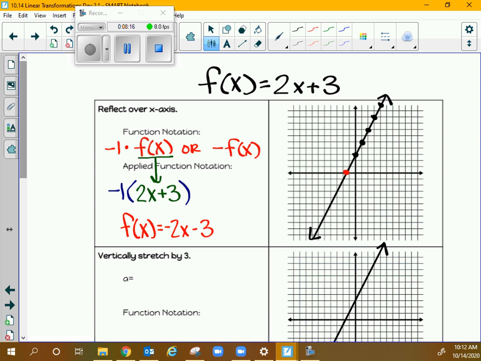Not only did the slope invert, but so did my y-intercept. So when I graph it, it should go through that point that they share on the x-axis. So down 1, 2, 3, -2.